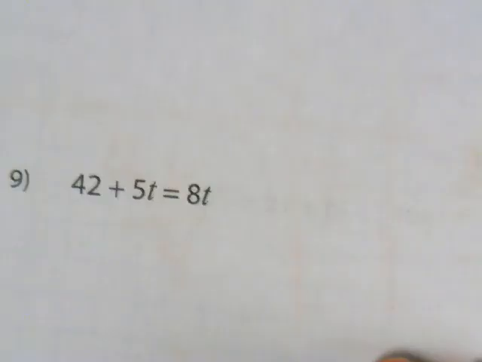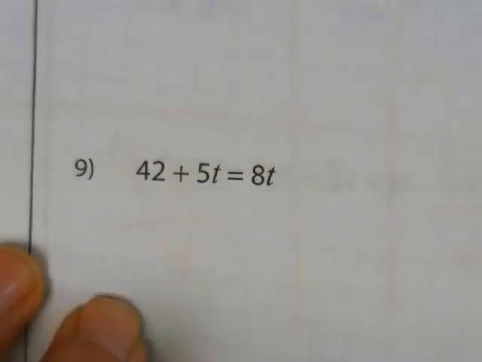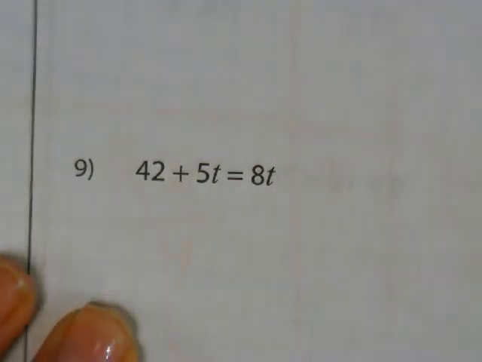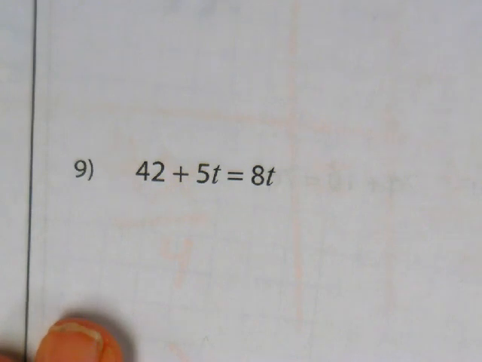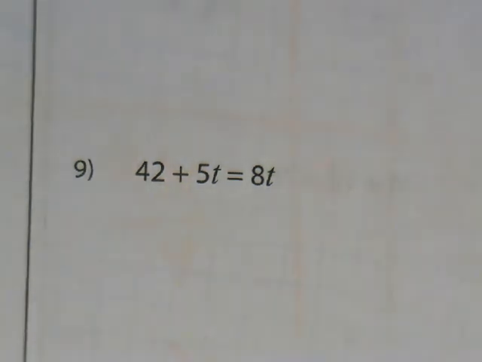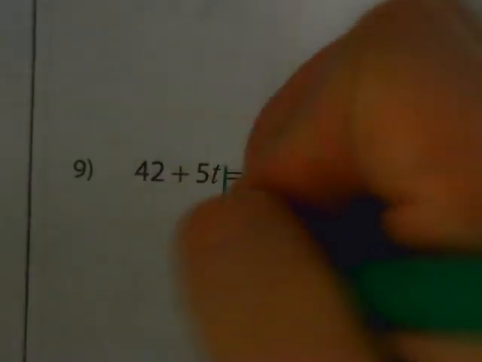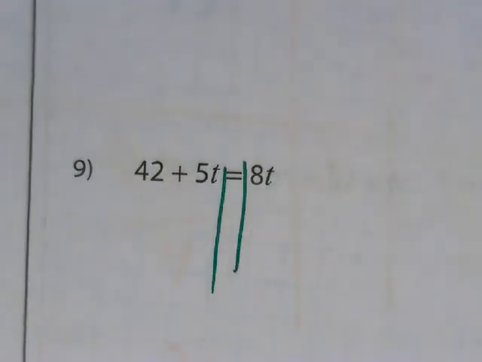Number 9. Raise your hand if you want to tell me what is my first step in number 9. Mia? Minus 5t. So, when you have variables on both sides, I'll officially teach this to you tomorrow after the quiz.